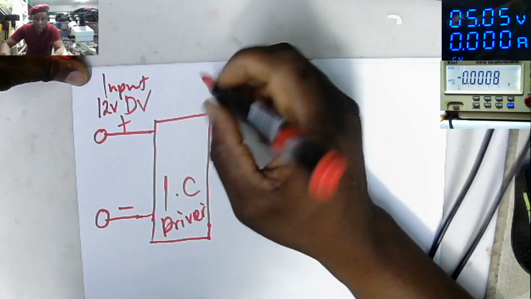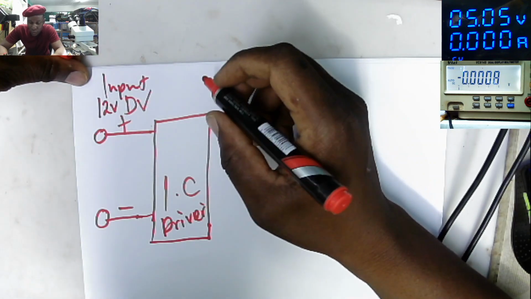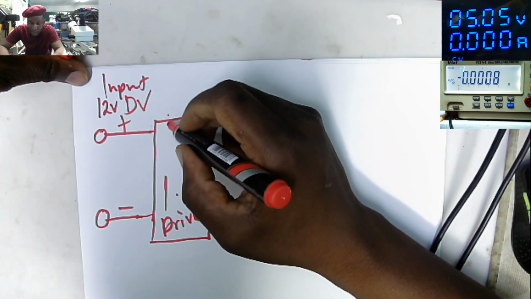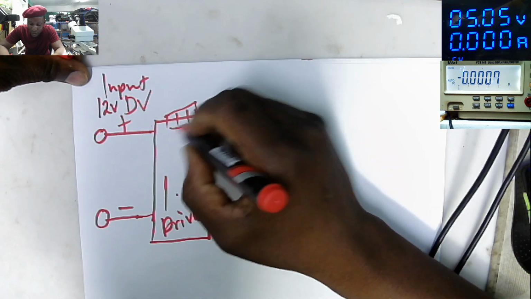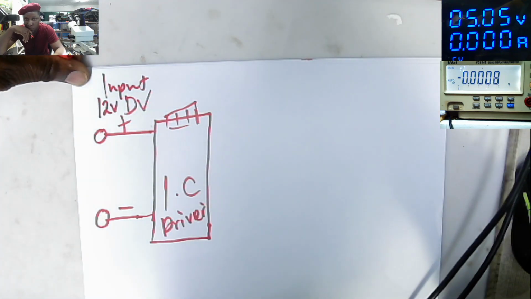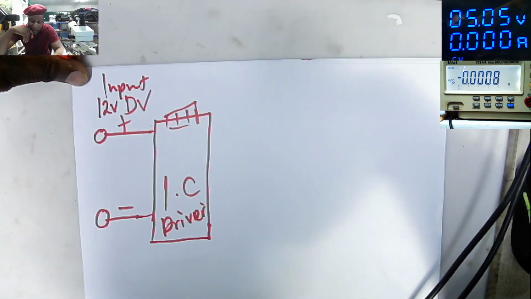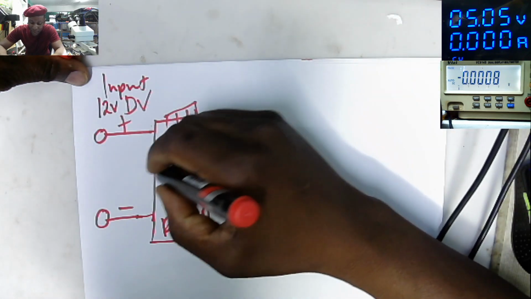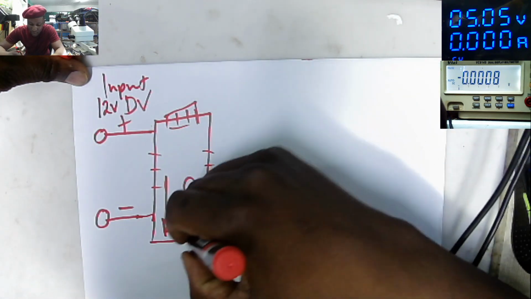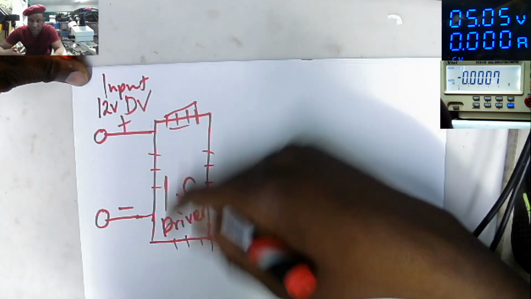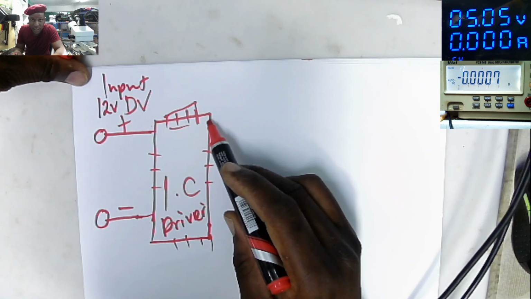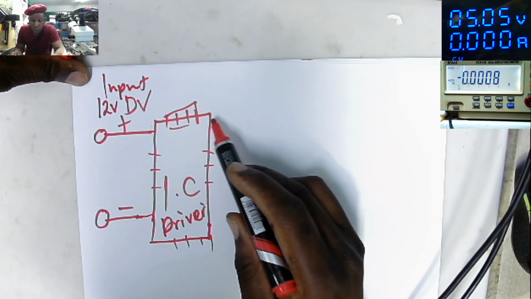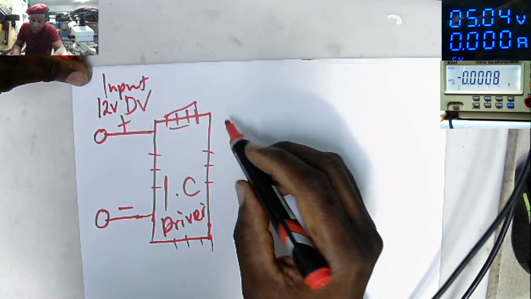The plus is going straight to the driver. That's the driver, and it's got many pins, but that's not important. So after the driver, what do we have here?